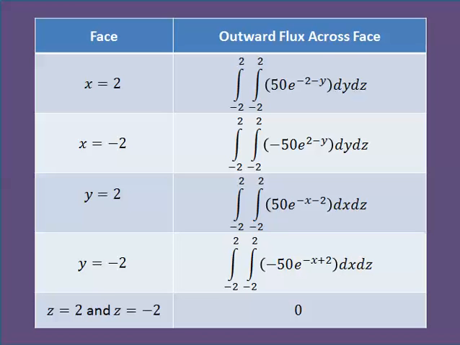Now the outward flux for the faces z equals 2 and z equals -2 is 0. If you have an integrand of 0, there's no point in integrating; the integral will be 0. And as we discussed before, geometrically there is no outward flux. That makes a lot of sense. Now, however, there is outward flux across the other four faces.